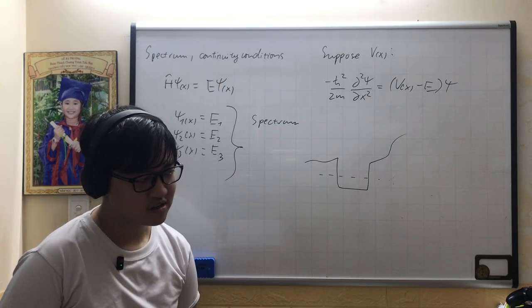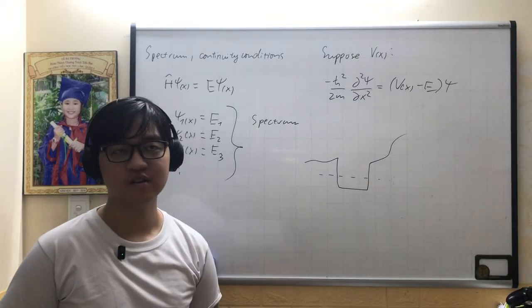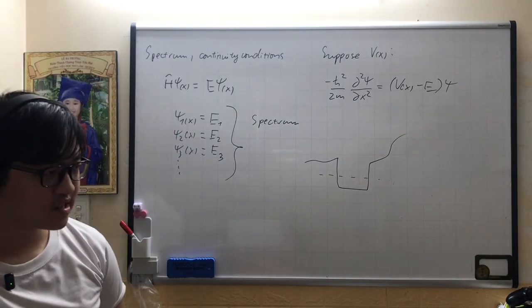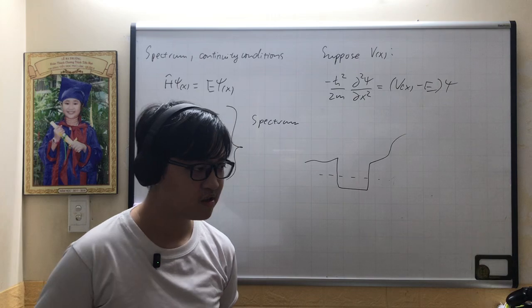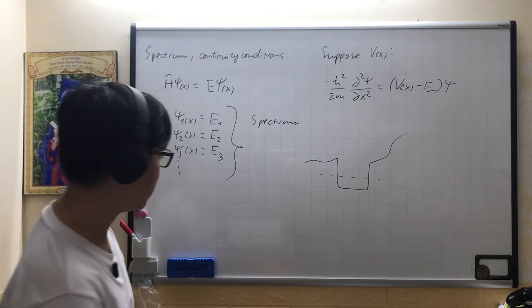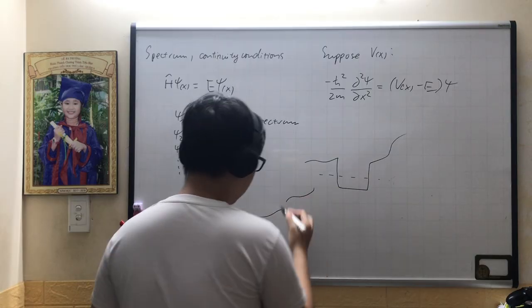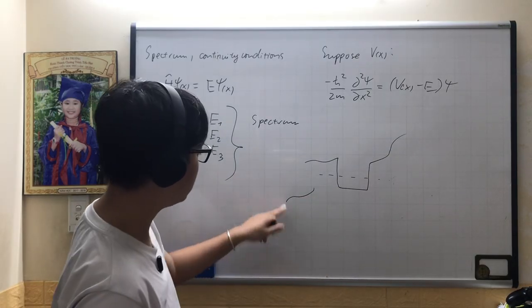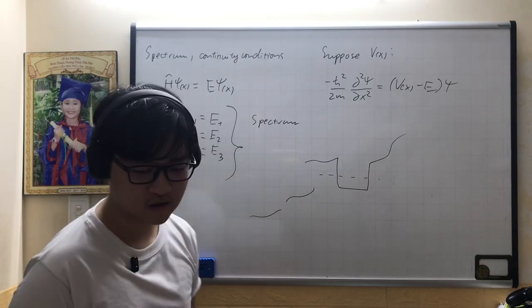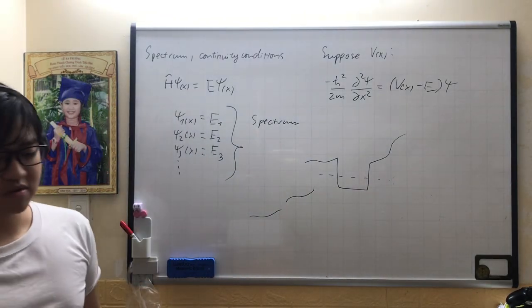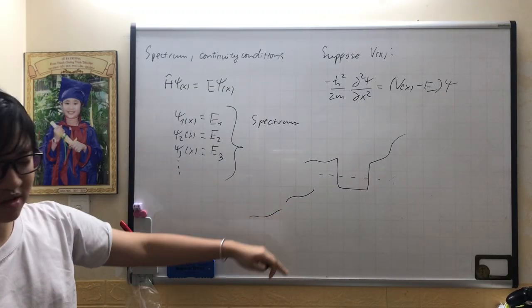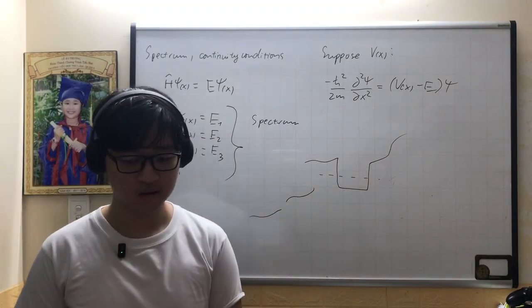These conditions are that your wave function, your psi of x, has to be continuous. So it cannot just be something like this. This is not allowed, because there is a discontinuity here. So that is immediately eliminated. All right.